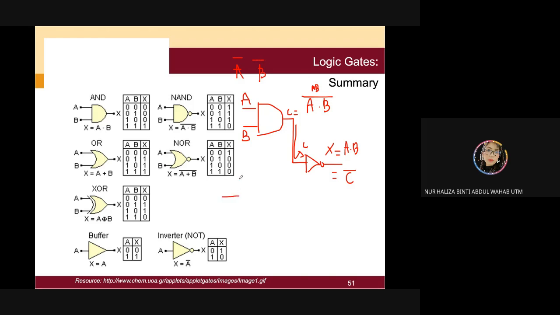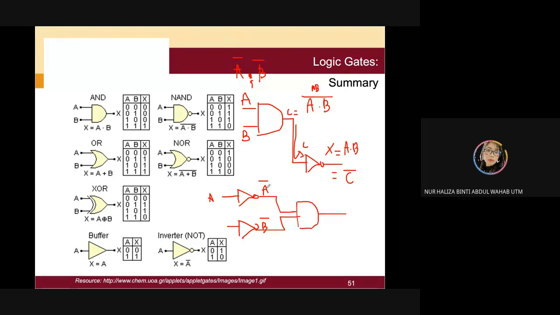You have A, and then it will go to the NOT. This one is A. To get the A bar over here, it will go through the NOT. You have B. You need to go to the NOT to be B bar. To get these two multiplied over here, we will go to the AND gate.